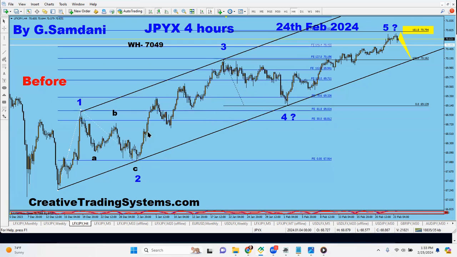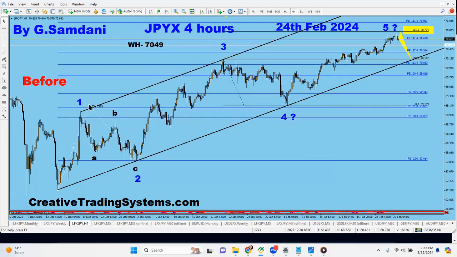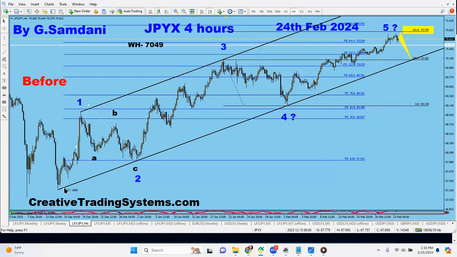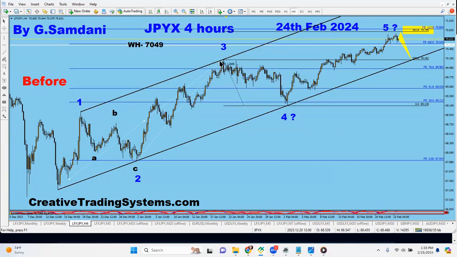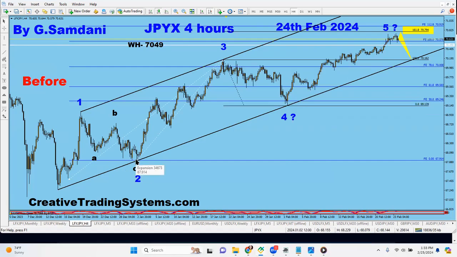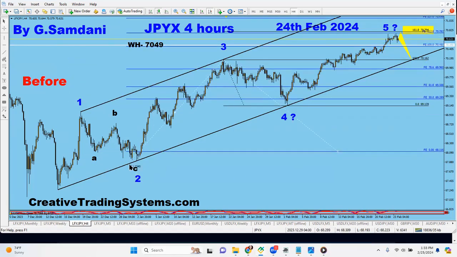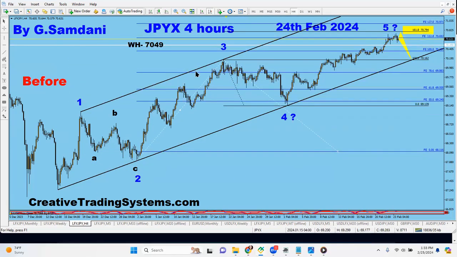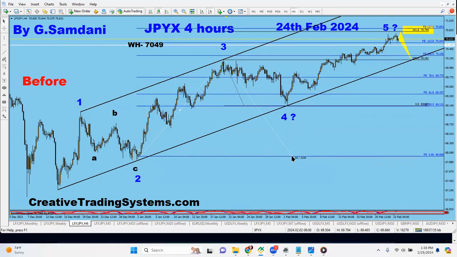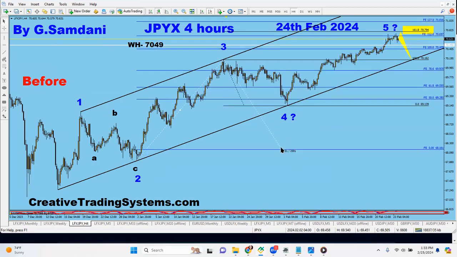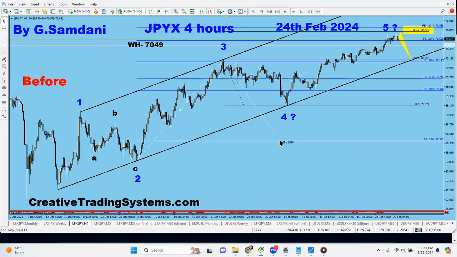So to measure wave 3, we again place the first two points on wave 3, starting and ending, and then we place the third one at the beginning of wave 5 to see how much wave 5 is about to be compared to wave 3.